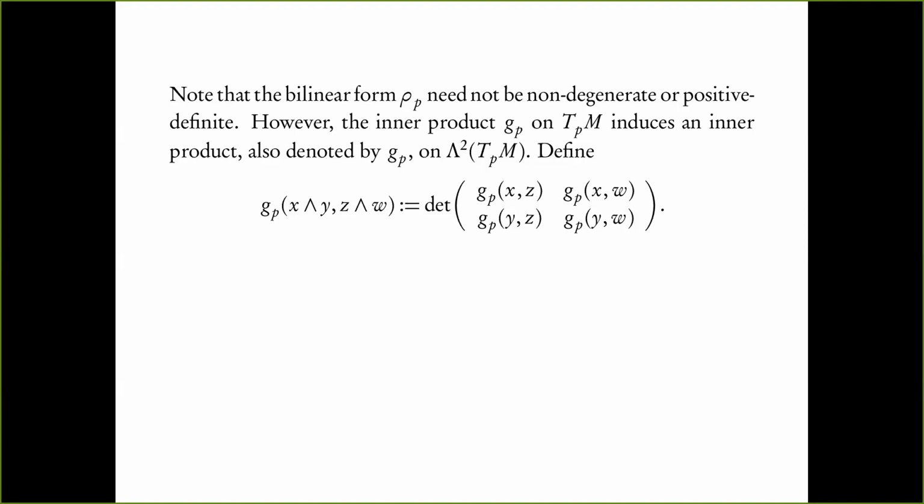By symmetry of the metric g, the diagonal entries are going to be the same, and the off diagonal entries are going to flip. So you're going to basically get the transpose of the matrix. However, the determinant of A and the determinant of A transpose are the same. So again, the determinant is what is crucial. The matrix by itself is not an invariant in any shape or form. So it is symmetric.